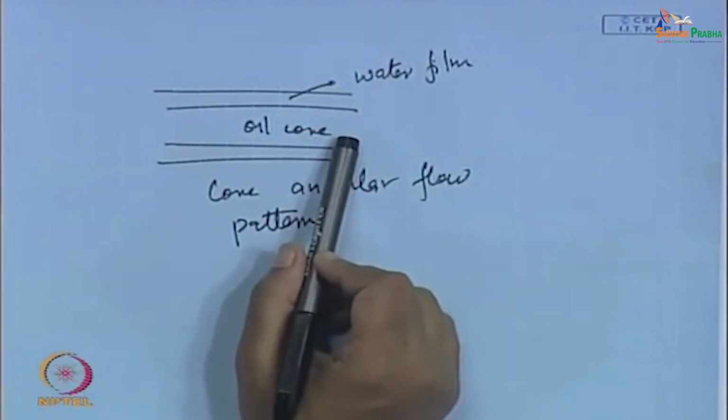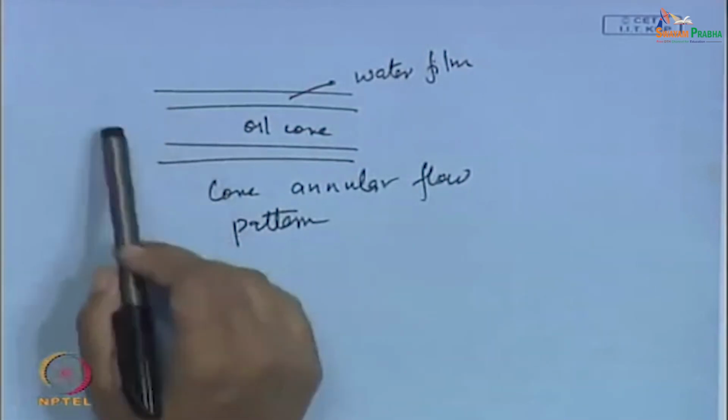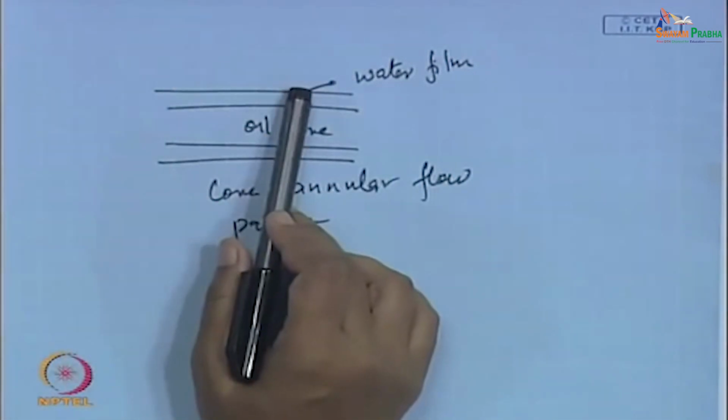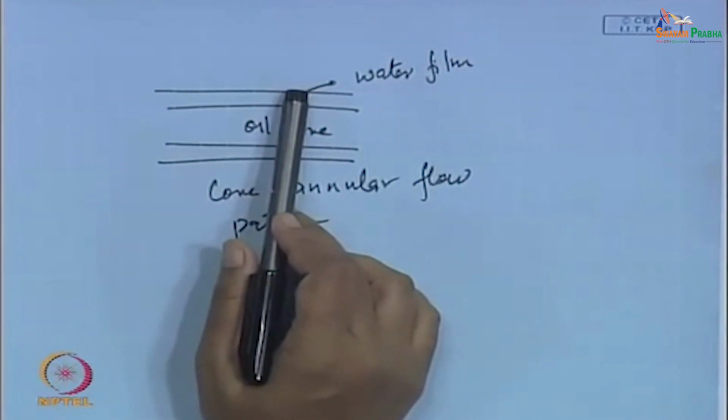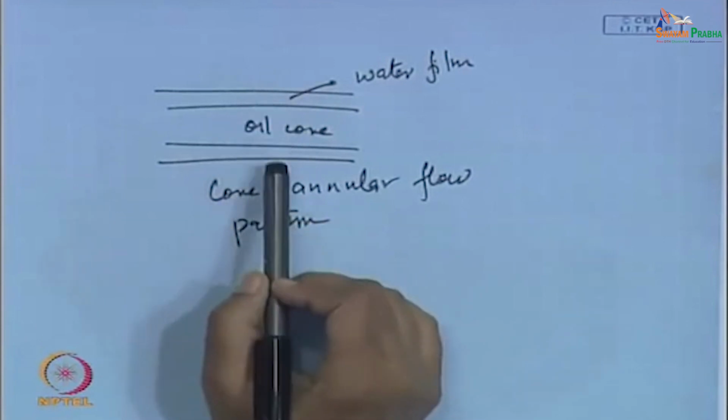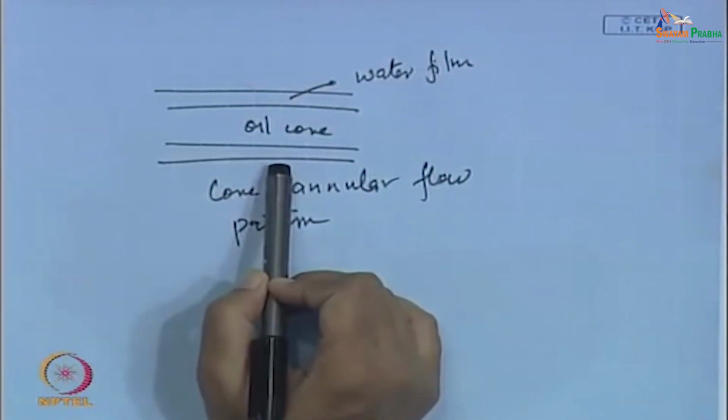Can you imagine the reduction in pressure drop? The pressure drop for this flow situation is almost similar to that which we would encounter when only water flows through this pipe at the same mixture velocity.